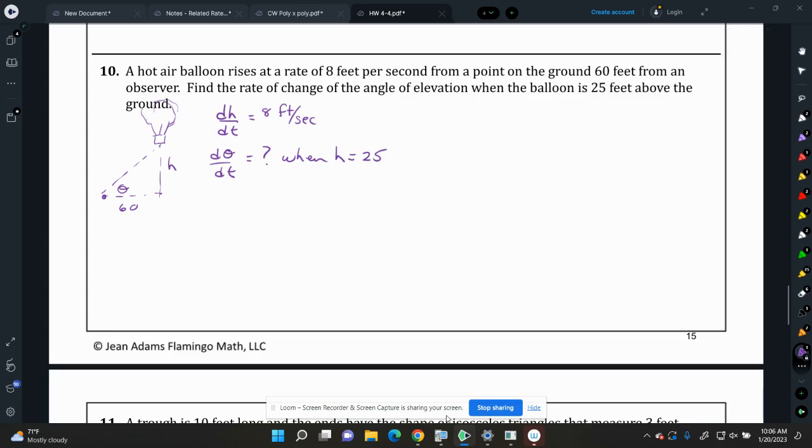We can use different variables. Of course. Yep. Okay. So let me see here. I have an opposite and an adjacent. So I'm going to say that tangent theta equals h over, I'll call it x, right? This is x.